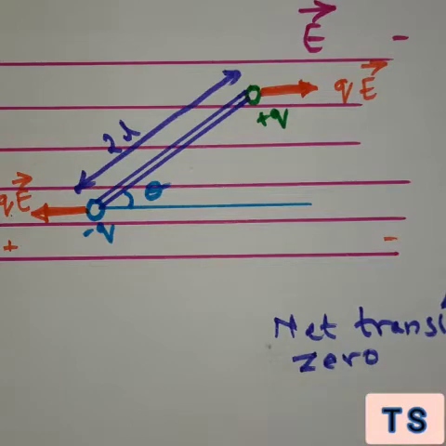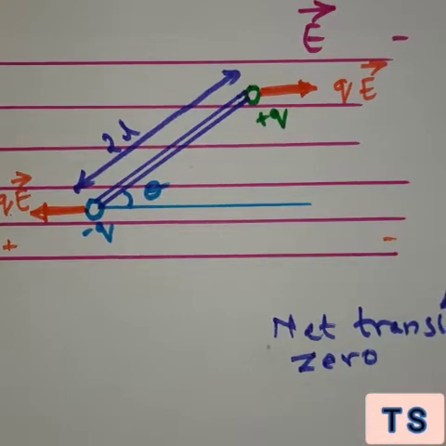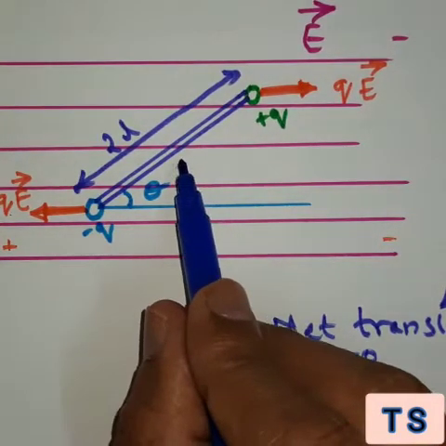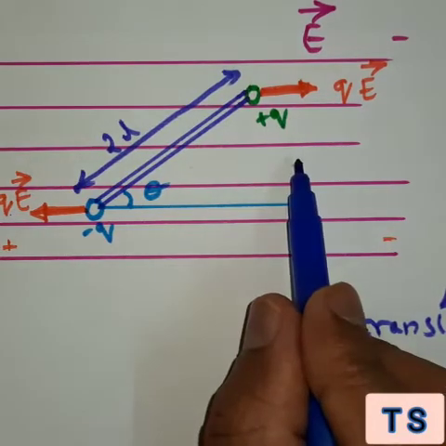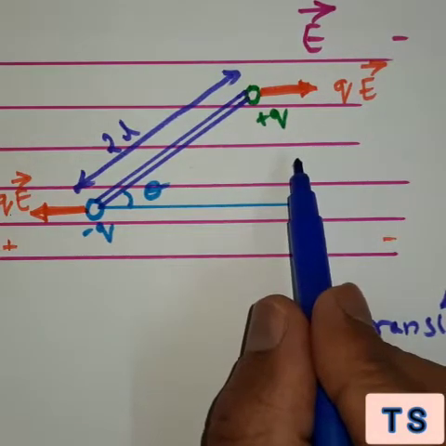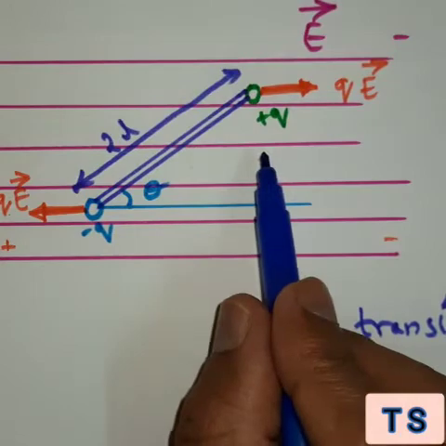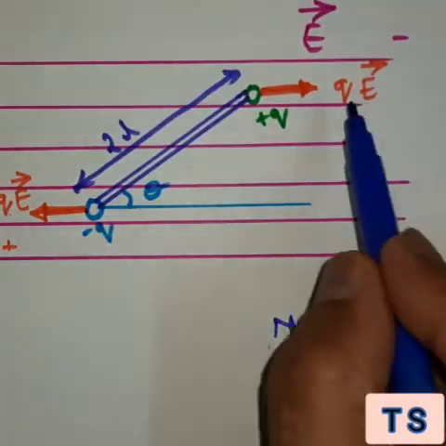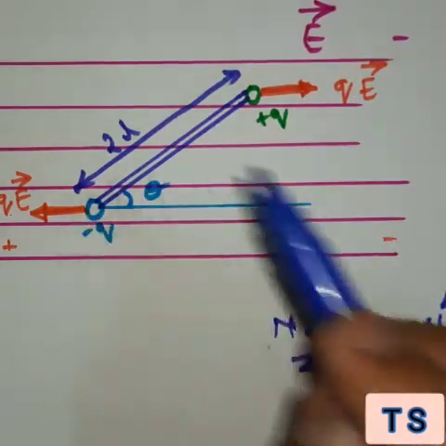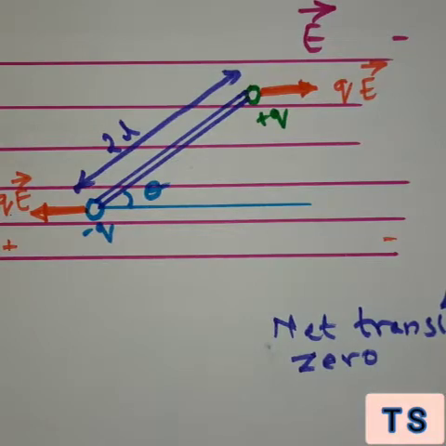That means there will be no translatory motion. It means this particular dipole will not move in the forward direction. But due to such force, there will be a torque acting on the body, which will produce the rotational motion. So we have to apply the formula of torque over here.